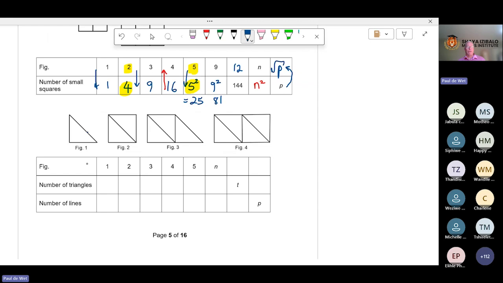Figure number one, how many triangles are there? Just one. How many lines have we used? 1, 2, 3. We've used 3 lines. Do figure number 2, figure number 3, and then see if you can work out how many triangles and how many lines there will be in figure number n.